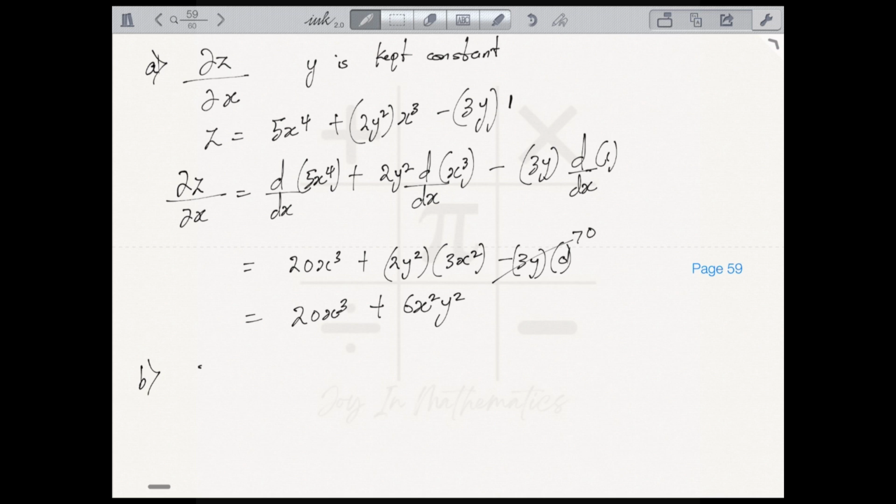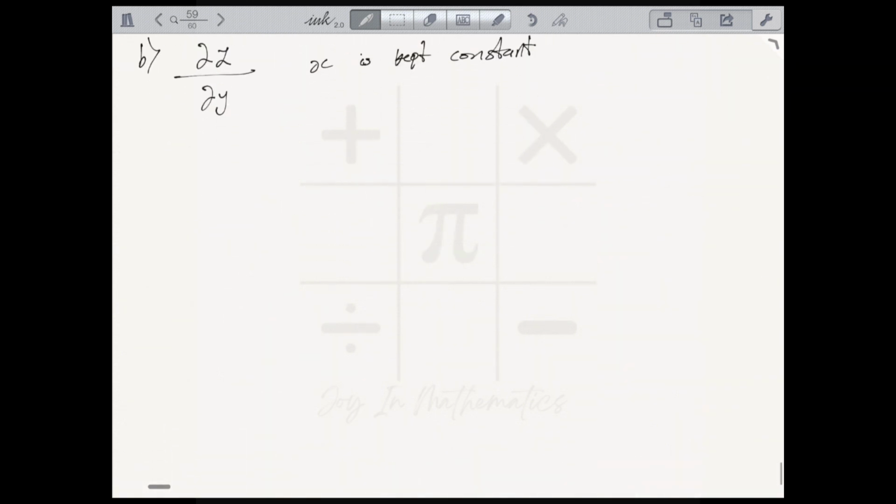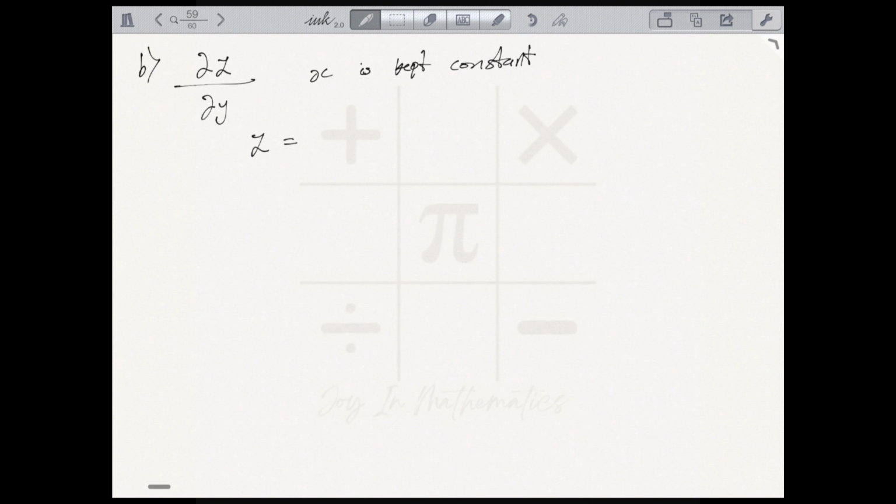Now let's solve dz/dy, and here x is kept constant. In our question, we are given that z is equal to 5x raised to power 4 plus 2x cubed y squared minus 3y.